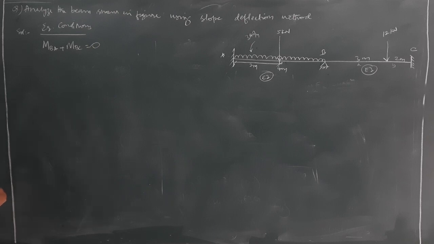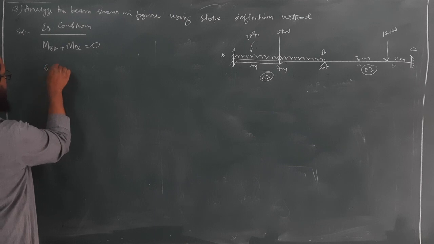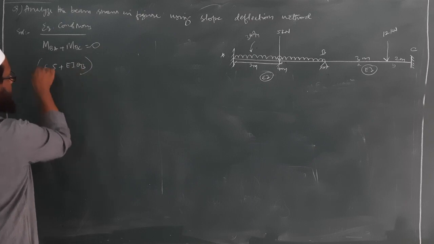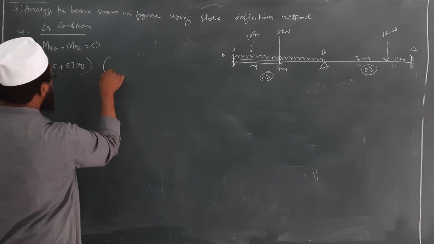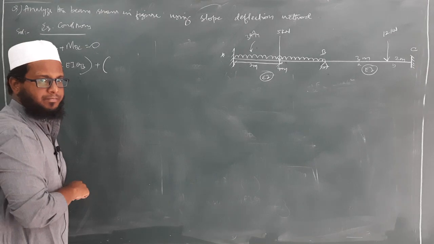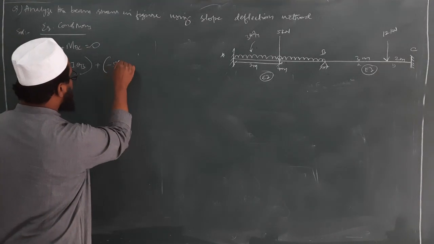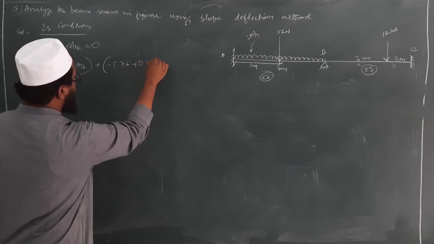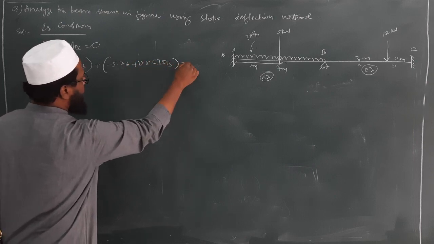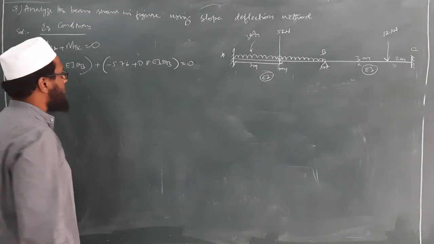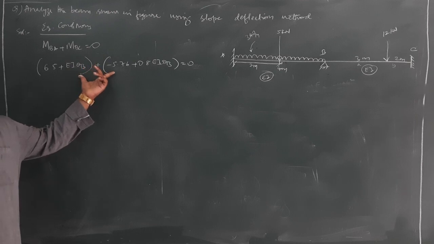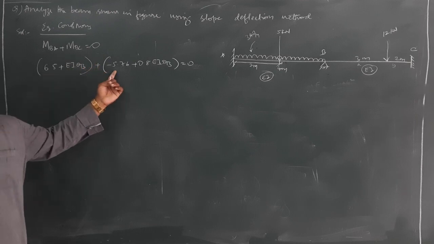What is the equation of MBA? 6.5 plus EI theta B. This is MBA plus, what is the equation for MBC? Minus 5.76 plus 0.8 EI theta B is equal to 0, right? By simplification, can you calculate EI theta B, right? So we have 6.5 here, minus 5.76 here.